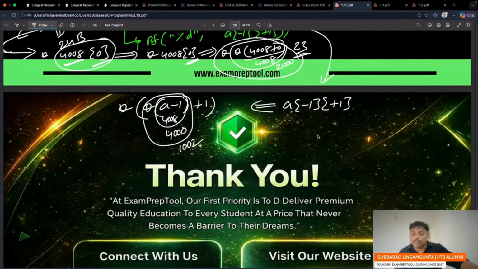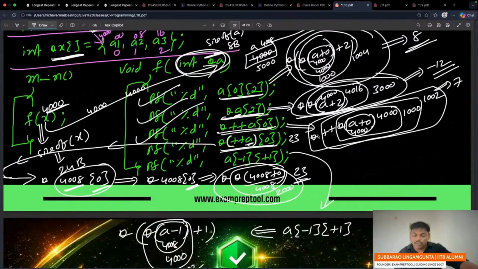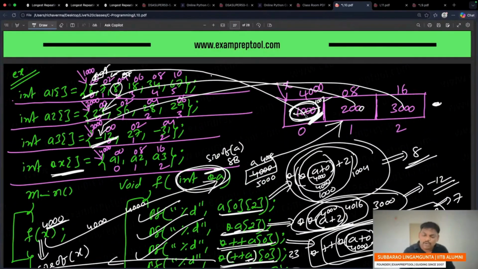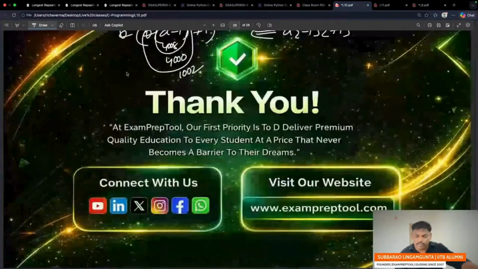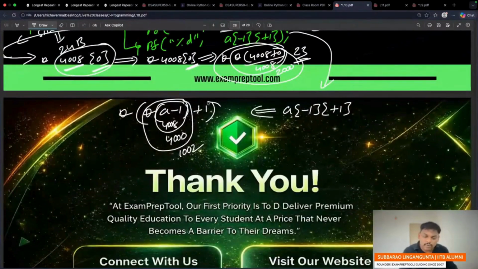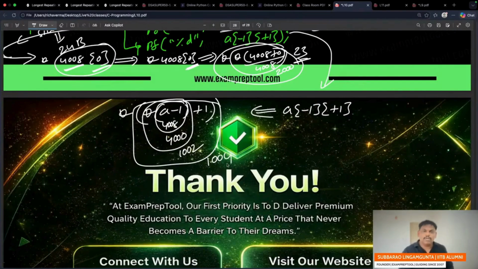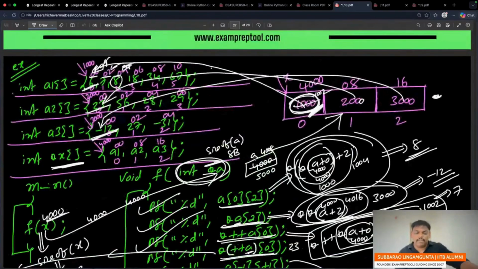Afterwards, star, you got 1002. Now you are doing plus 1. Now when you are doing plus 1, wherever you are pointing here, plus 1, I think it's going to be 1004. This became 1004. Right? Afterwards, star, the value inside 1004.